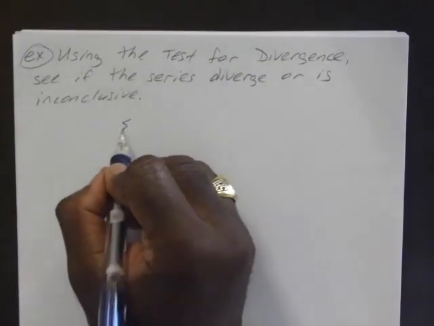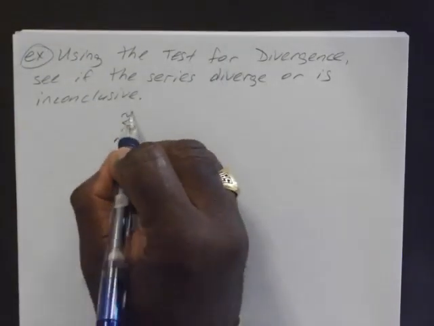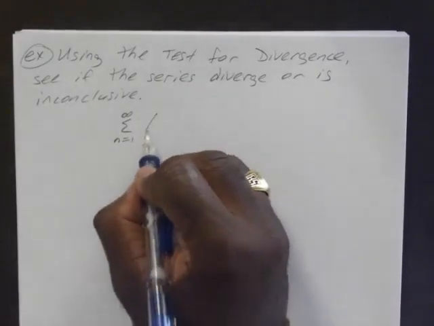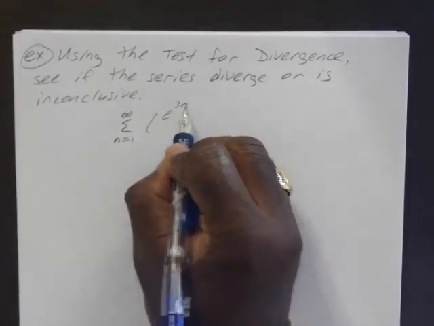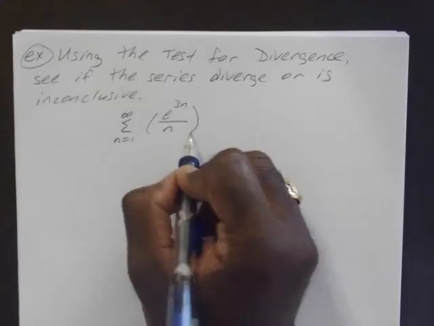And we have the sum from n equals 1 to infinity of e to the power of 3 times n divided by n.